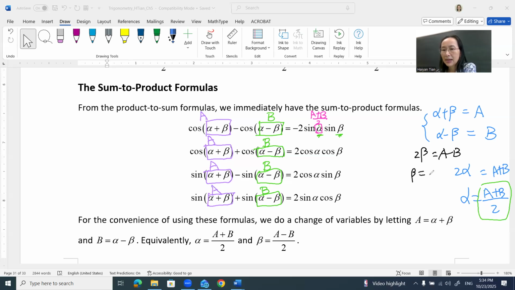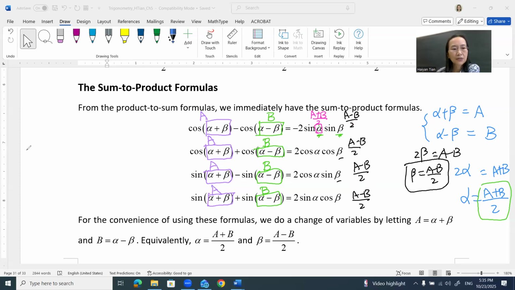Beta must be half of A minus B. So every time you see beta, you just replace it with half of A minus B.